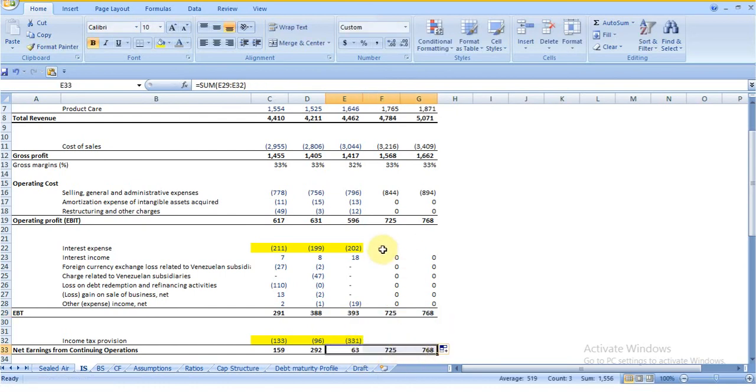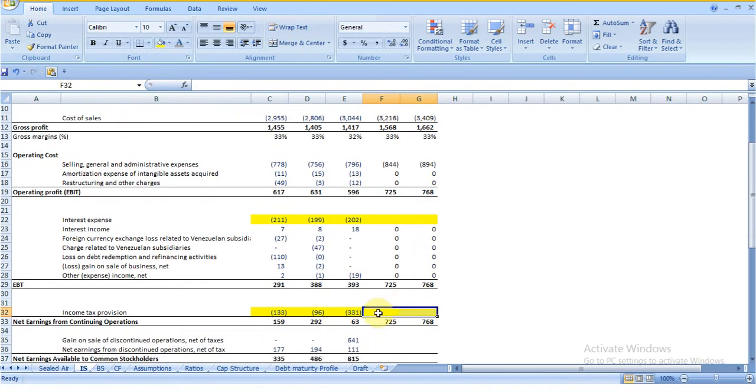So now interest expenses and tax provision, these two things are left. Interest expenses we are going to forecast in the assumptions, and tax calculation is very easy. We can straightforwardly take 30% of our EBIT, earnings before taxes.